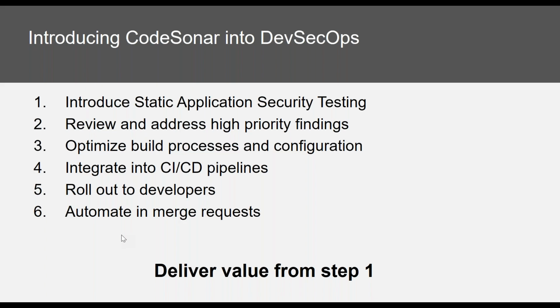You optimize your build process and configuration, and then you integrate that into a continuous integration, continuous delivery pipeline that you put out to your developers and automatically trigger analysis when you do a merge or a pull build, depending on your system. And this way of working delivers value from step one. So you get a very fast quality check of your code.